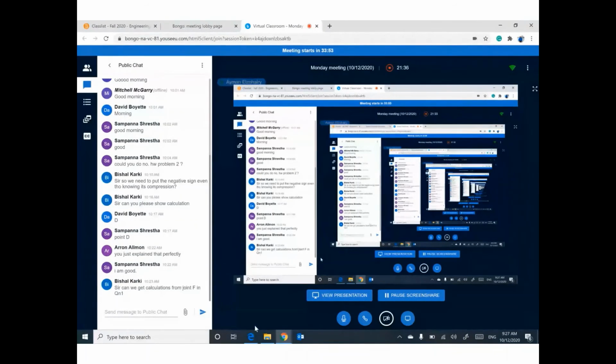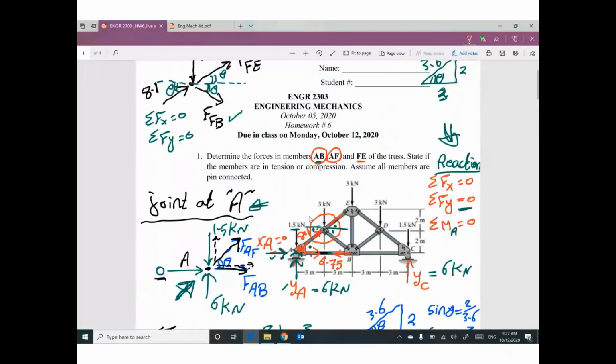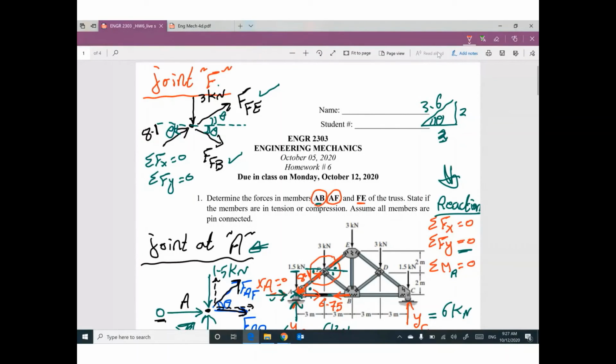For joint F. Do you need these calculations? Okay. Summation Fx equals 0. So we have 8.1 cosine theta positive FFB cosine theta positive FFE cosine theta equals 0.